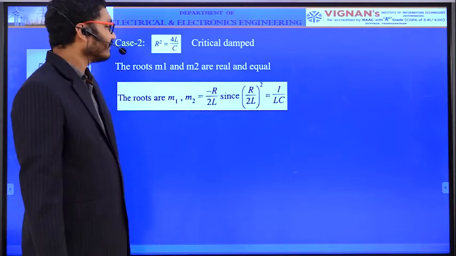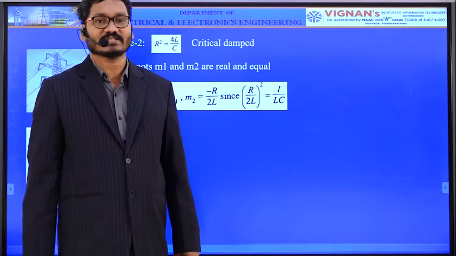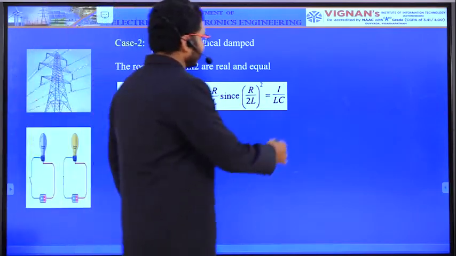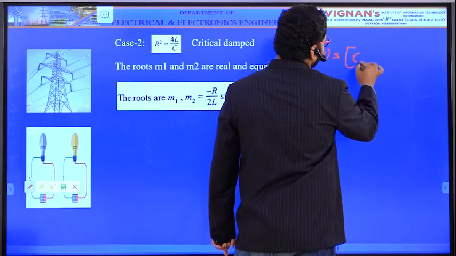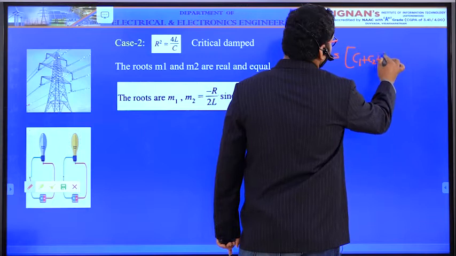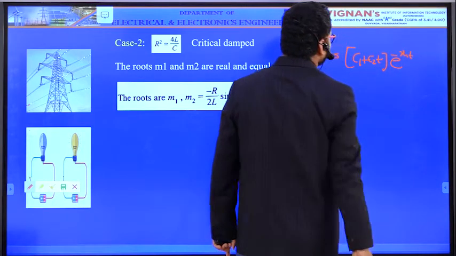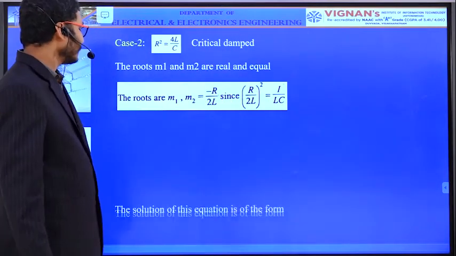So according to the differential equation, when the roots are equal, the response looks like this. Suppose y of t equals c1 plus c2 t into e to the power of minus x1 t. Here instead of y of t, this is i of t.